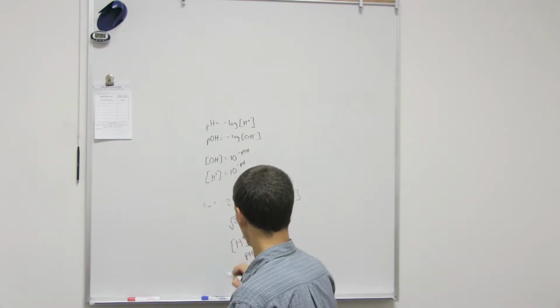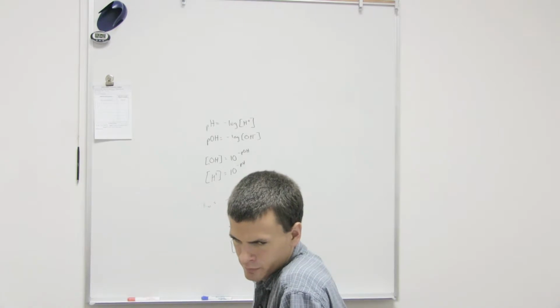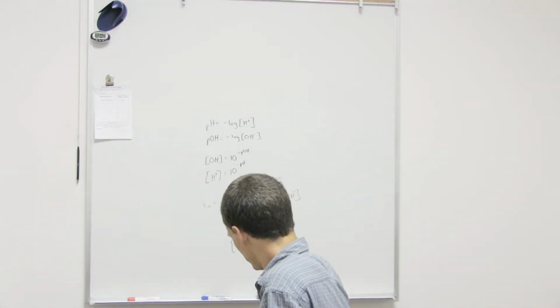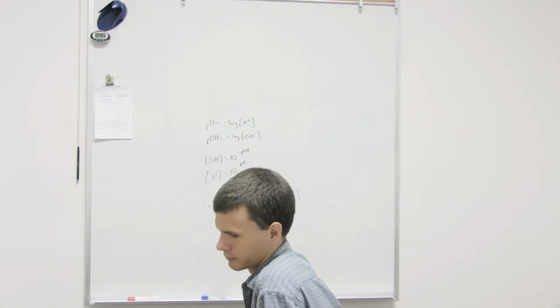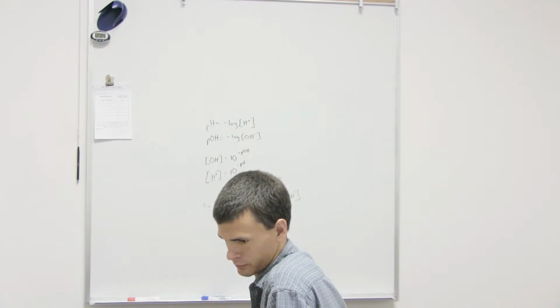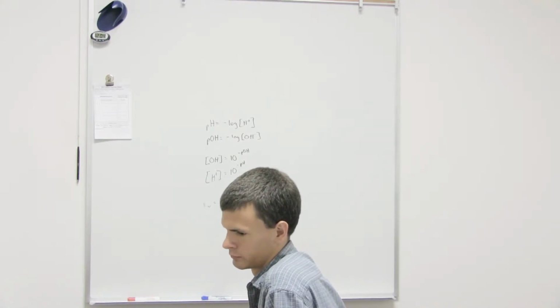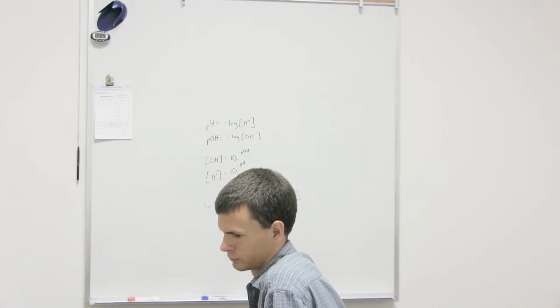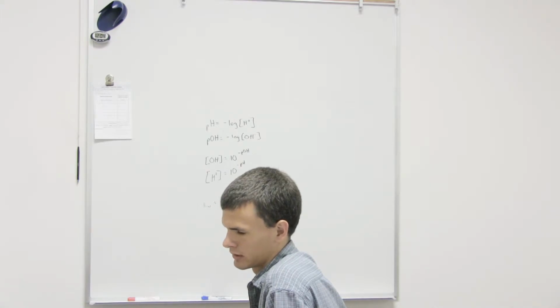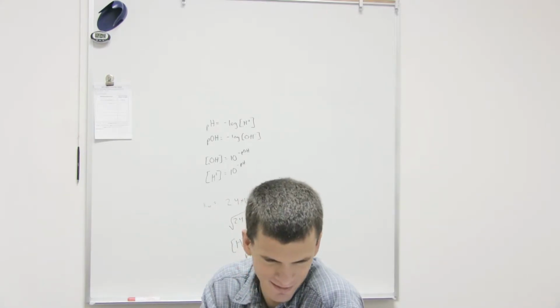Square root gives 1.55 times 10 to the negative 7.